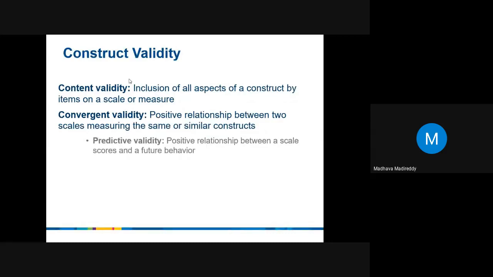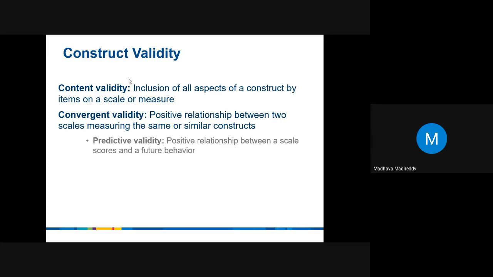Then we have content validity, where you include all the aspects of the construct by the items on a measure. Content validity is also a tool when you are validating the whole content. And then we have convergent validity. That means we anticipate a relationship between two scales that are measuring a similar construct. For example, your weight in kilograms should be in a similar relationship with your weight in pounds, so that's called convergent validity.